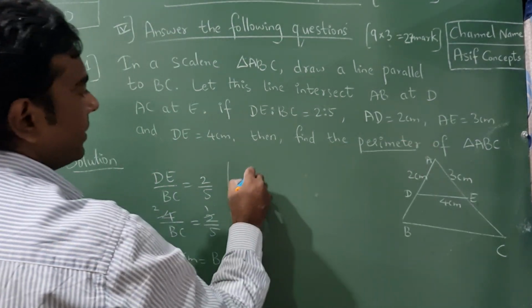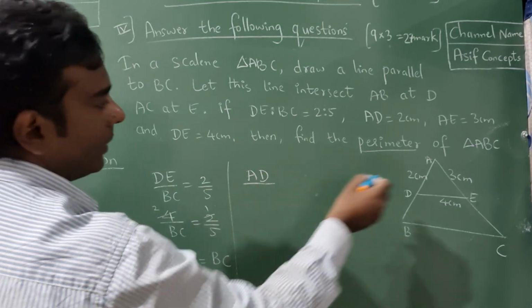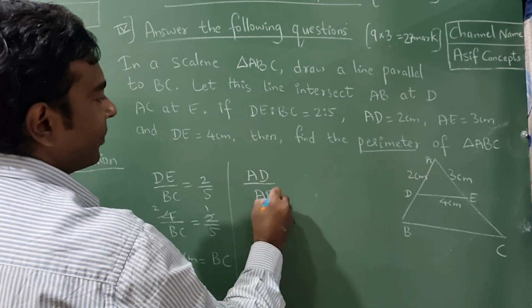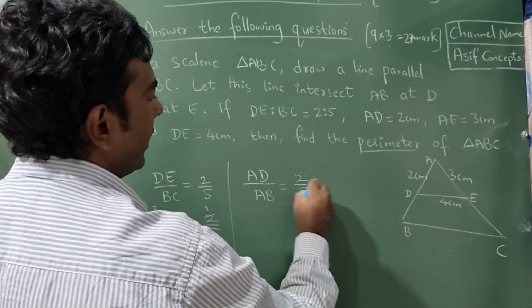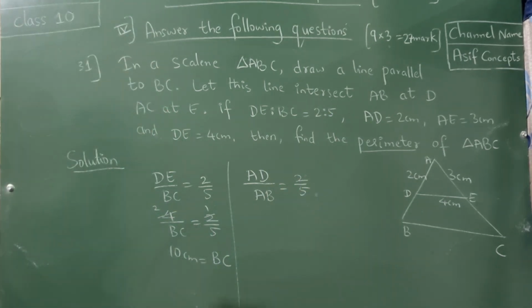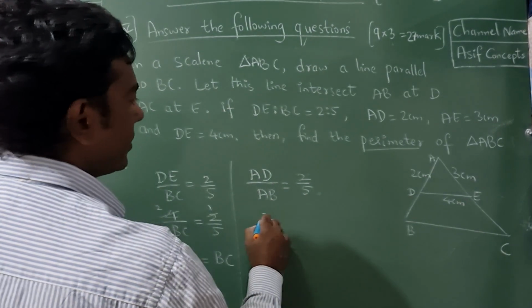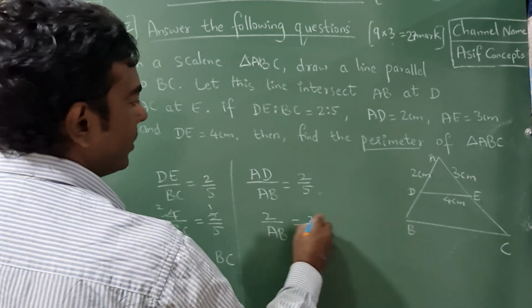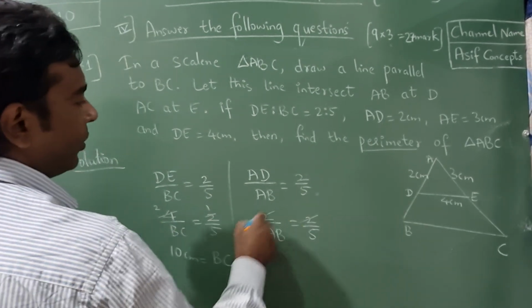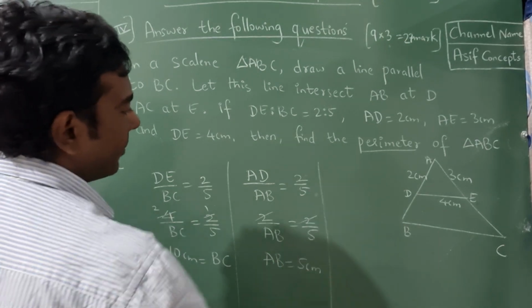Similarly, if I write AD by AB is equal to, again I am going to write 2 by 5. What is AD value? It is 2 by AB is equal to 2 by 5. 2 and 2 get cancelled. So AB is equal to 5 centimeter.